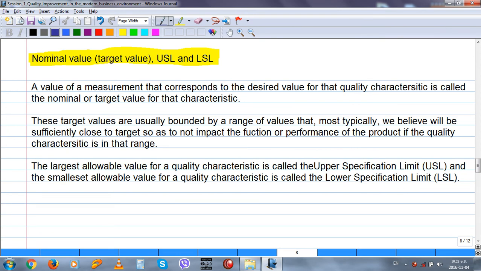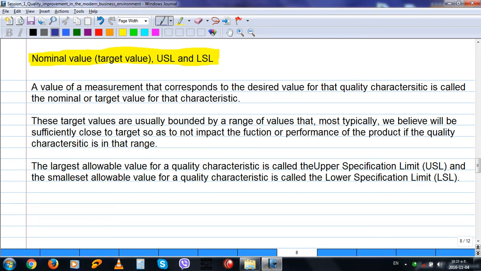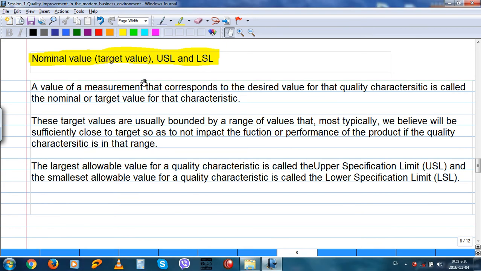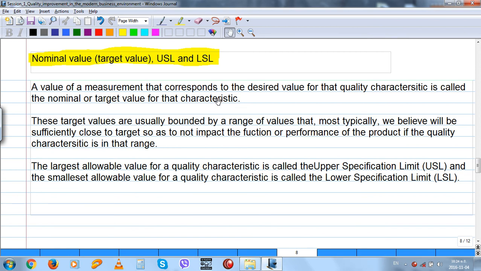Then we are going to consider the nominal value, it means the target value, and the upper specification limit and the lower specification limit. A value of measurement that corresponds to the desired value for that quality characteristic is called the nominal or target value of that characteristic.